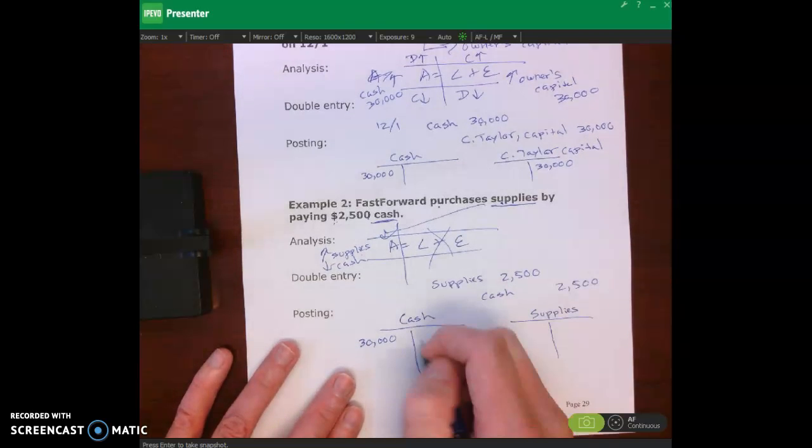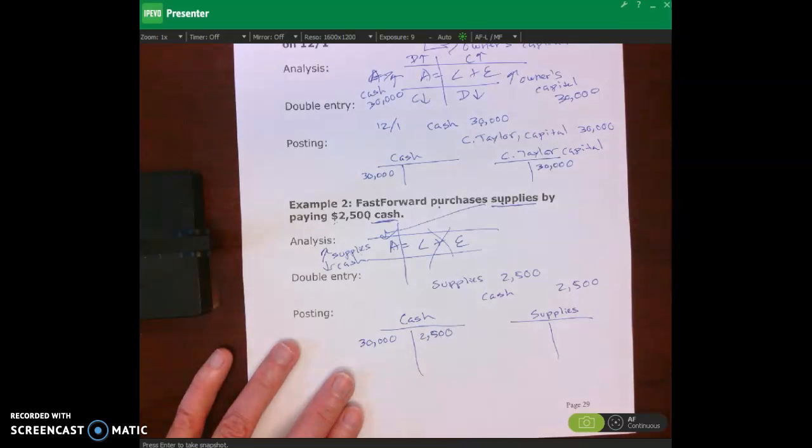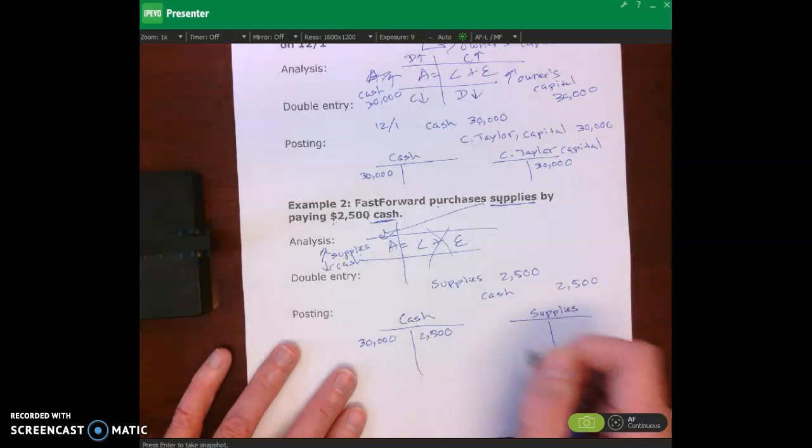And then I have $2,500 right over here, which I'm going to put on the right side of the T account for cash because it's a credit to cash. So the way I would calculate the balance in cash after I paid for the supplies is I would take the $30,000 debit to cash minus the $2,500 credit to cash, and that would give me my balance in cash.